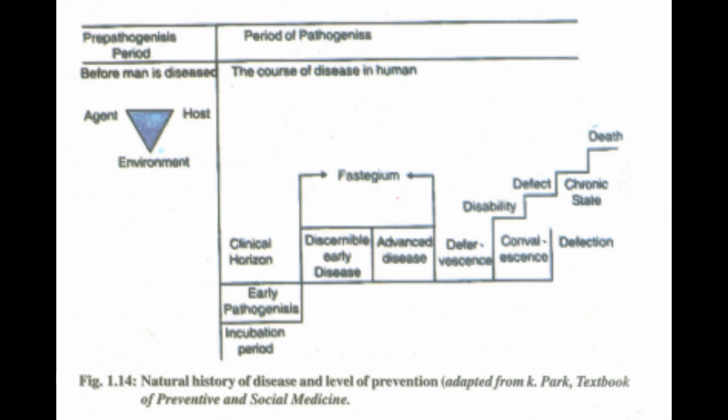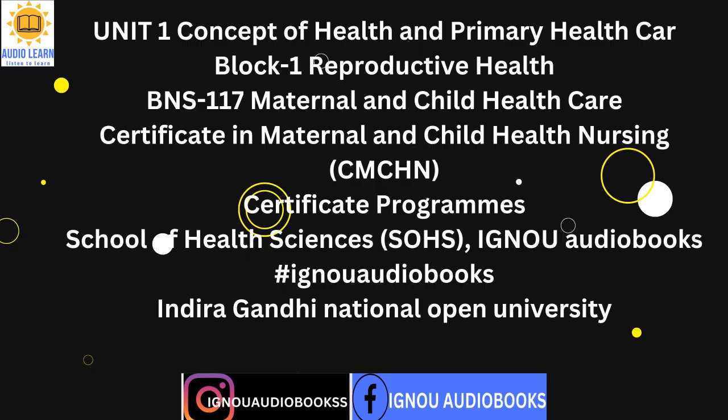1.3.5 Spectrum of disease. From your experience in the community, you must have seen that whenever any disease spreads, all people do not get the disease. Also, all those who get the disease do not suffer with the same severity.